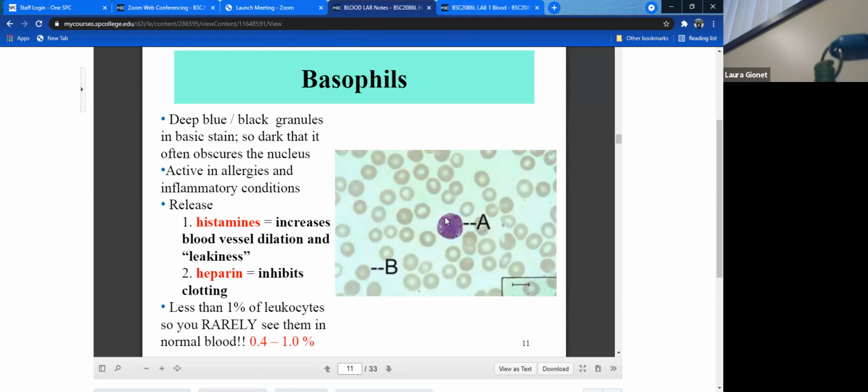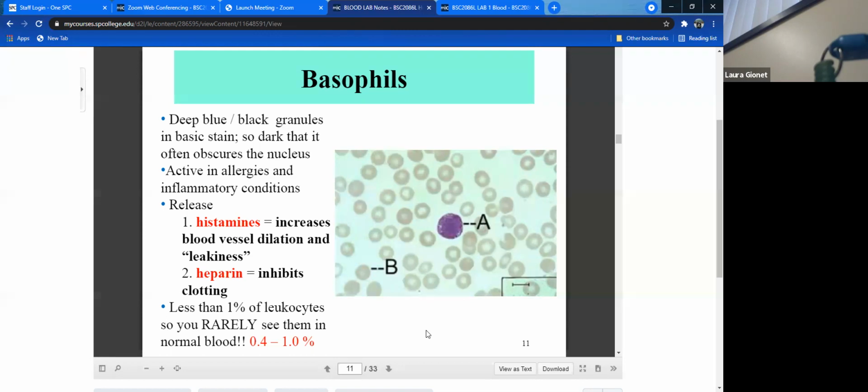So sometimes it looks kind of like a crescent moon, or it will be all the way around it. But you will see a solid nucleus, not with granules. With a basophil, it's the abundance of dark staining granules that really obscures your ability to see a nucleus. And that's one of the ding, ding, ding, tip-offs that you're looking at a basophil.